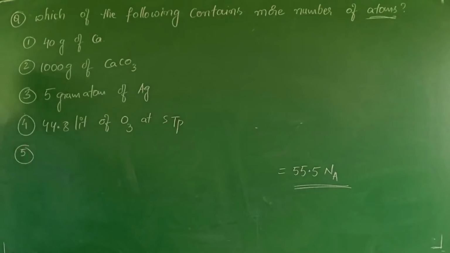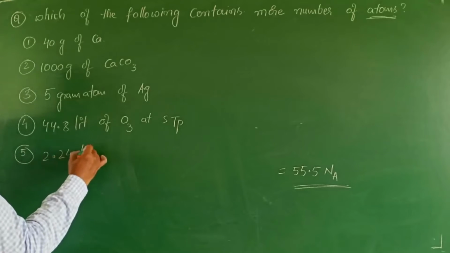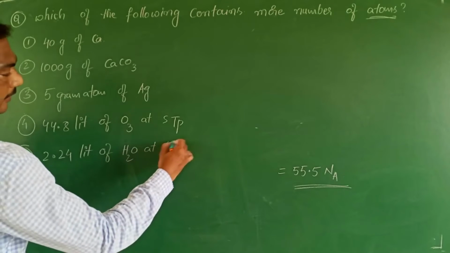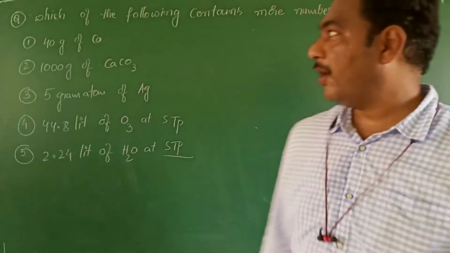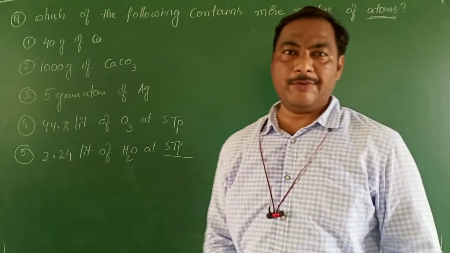And fifth one, here you take 2.24 liters of water at STP. Right? Now, among the following, which one is having more number of atoms? I have taken 5 options.